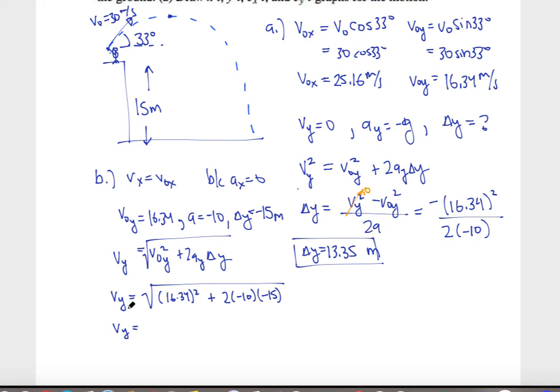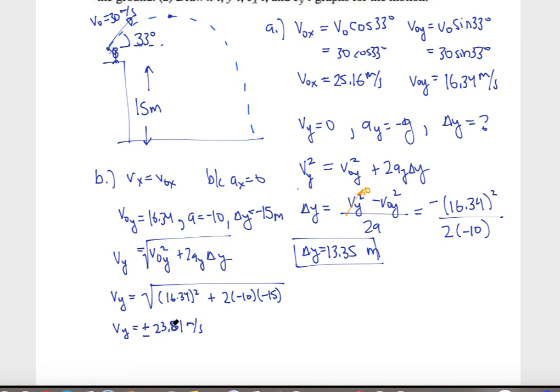So when I plug this into my calculator, this is rather difficult to put in the calculator correctly. We end up with a final y velocity of, now this is the square root, so it's plus or minus 23.81 meters per second.